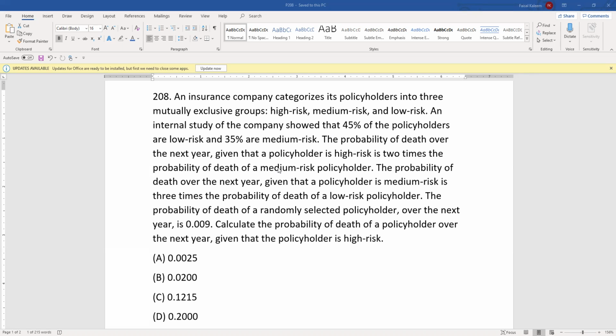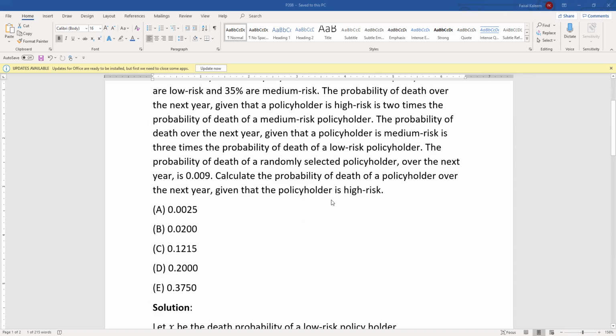The probability of death, given the policyholder is medium risk, is 3 times that of low risk. So the probability of death of a randomly selected policyholder is 0.009. Find the probability of death of a policyholder given the policyholder is high risk.